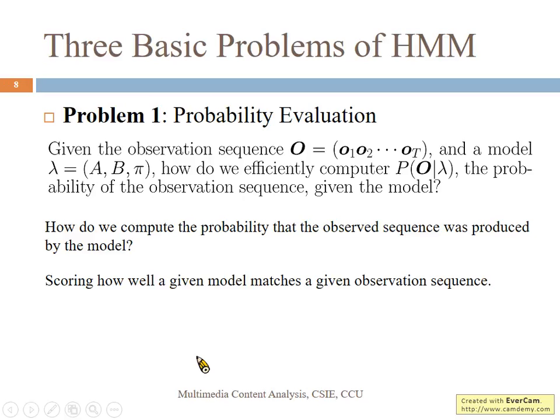And based on hidden Markov model, we mainly have to tackle 3 basic problems. The first problem is probability evaluation. The problem is defined like this. Given the observation sequence O, that may be composed of O1 to OT, consisting of the results at different time instances, and a model lambda A, B, pi, how do we efficiently compute the probability of O given lambda?